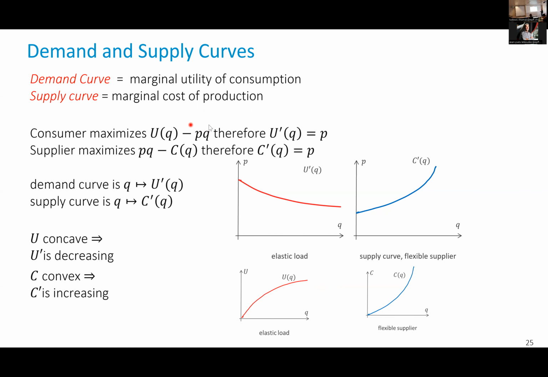In these theoretical systems, the amount that I will use is such that the derivative of my utility function at this amount Q is equal to the price P, and vice versa. In the supplier case, the derivative of my cost will be equal to the price. We still don't know what the price is, but whatever the price, if I have to decide autonomously how much I will buy or how much I will sell, given the price, this is what I will do.